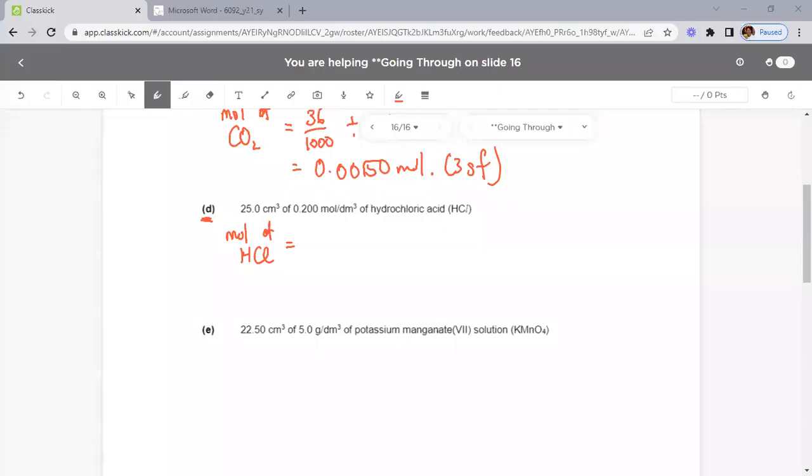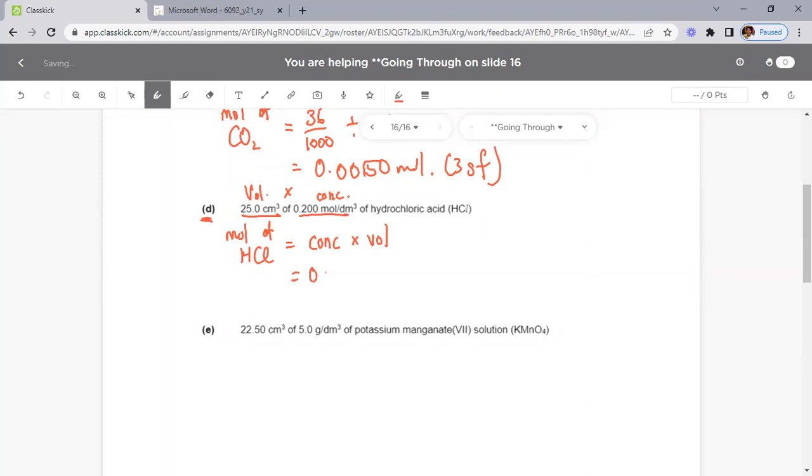For this one, what you are given is 25 cm cube, which is the volume of the solution. This one is the concentration of the solution because it's mole per dm cube. So to find mole, it's the concentration multiplied by the volume. Because the concentration is mole per dm cube, I need to convert the volume to dm cube.